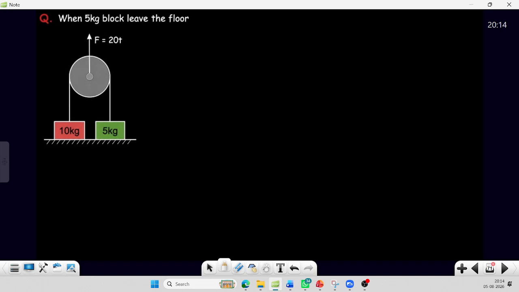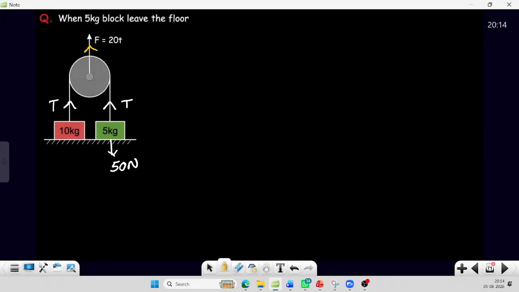Now, when the 5 kg block leaves the surface, the weight of this 5 kg block is 50 newtons, right? Here we have a tension T, and this is also tension T. Then what is the tension here?